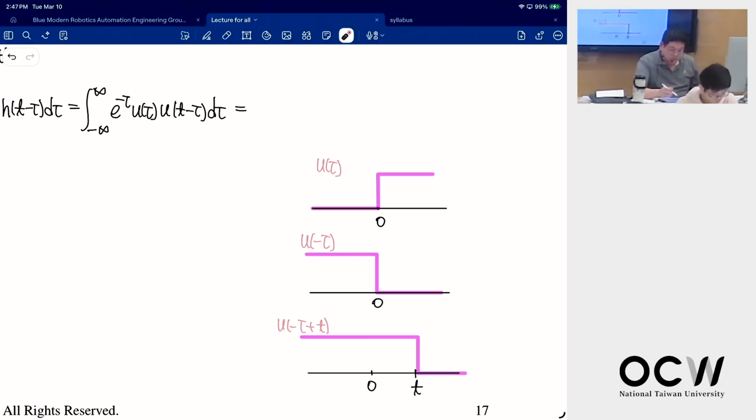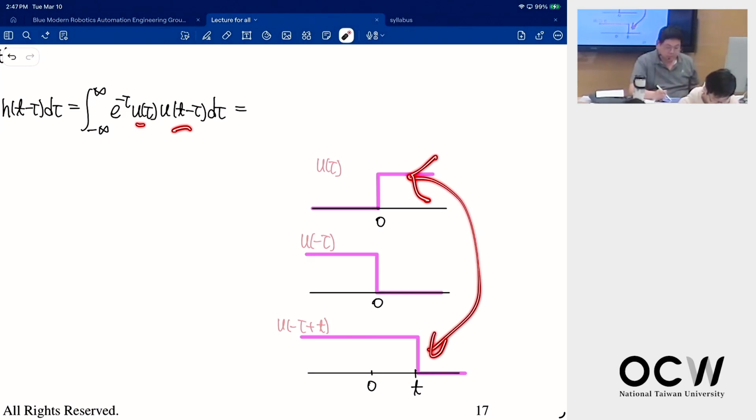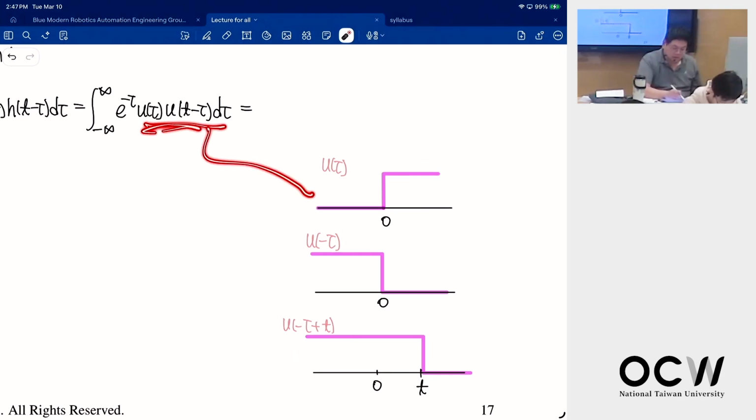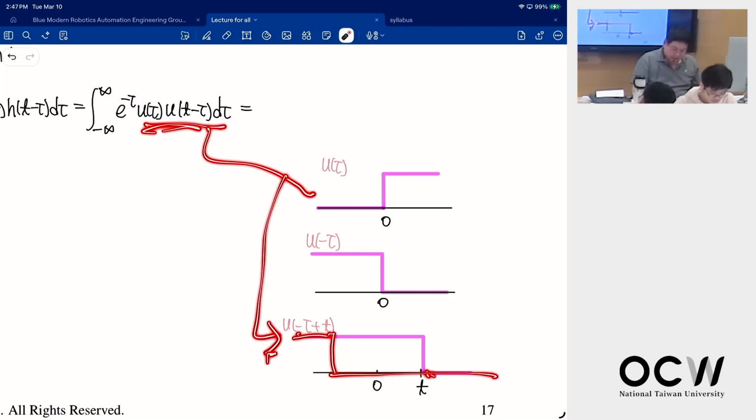So these two, I only have a value from 0 to infinity. Okay, but that is u minus tau plus t. If t is less than 0, then nothing, right? Y will be 0.